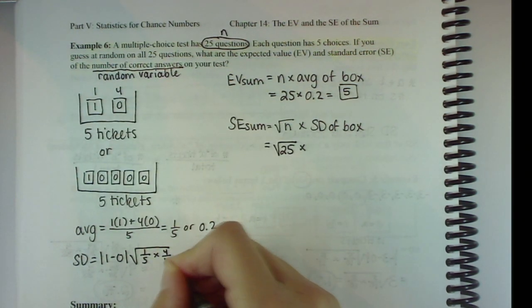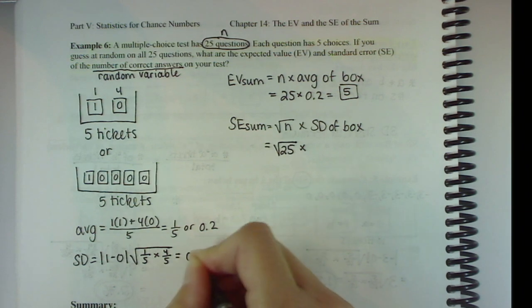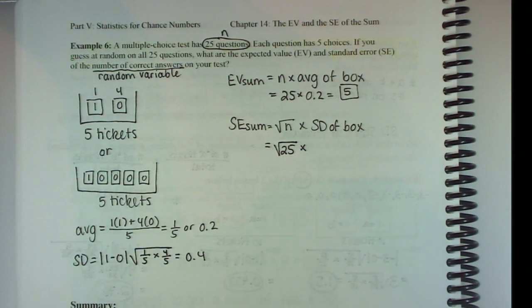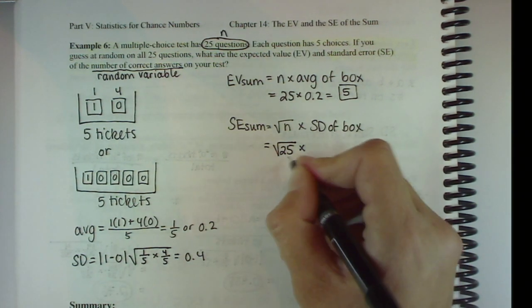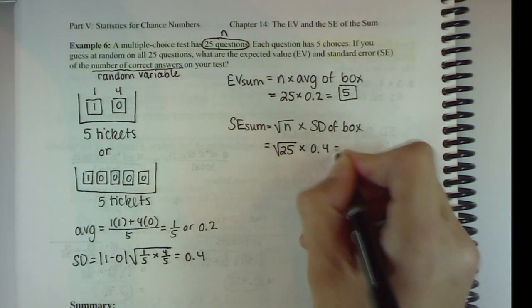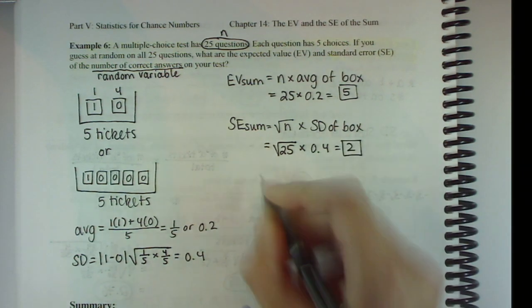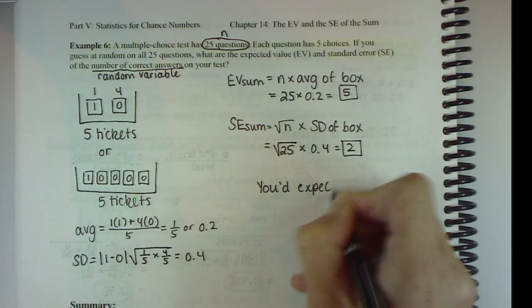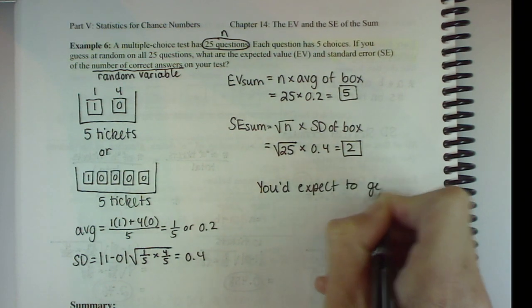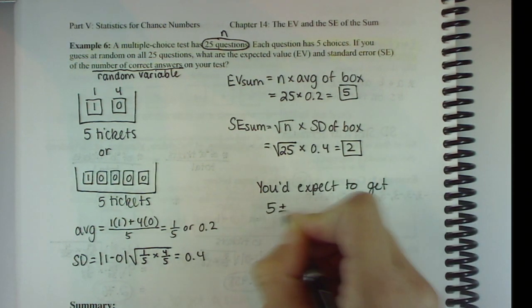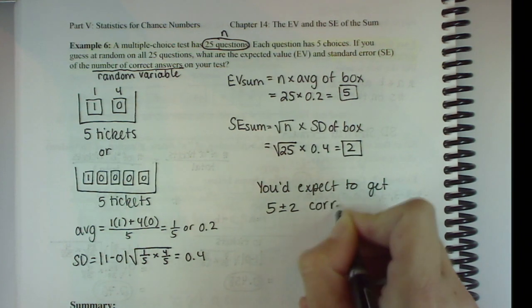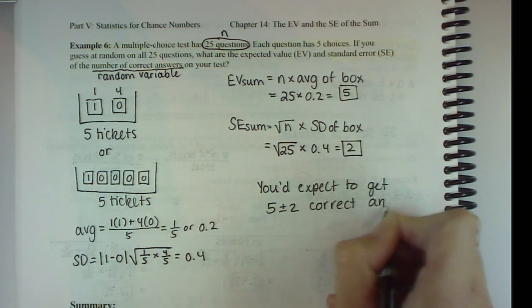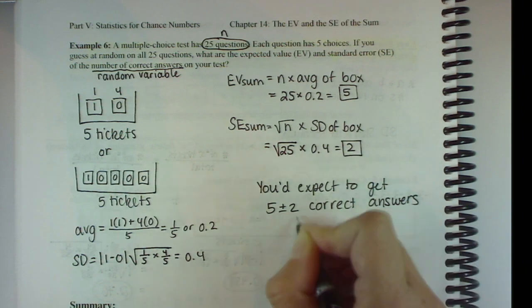Getting the answer wrong. And this gives me 0.4. So let's see, square root of 25 times 0.4 gives me 2. So if I was interpreting this, I'd say you'd expect to get 5, give or take 2 correct answers just by guessing.